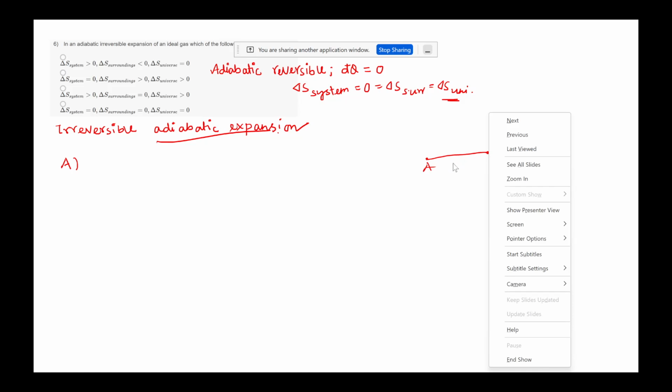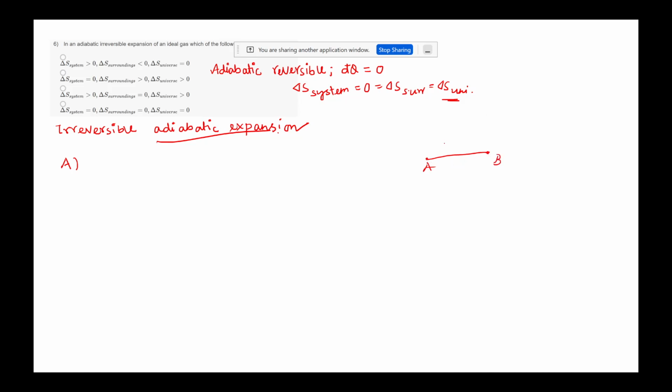And also in this process, let's say some work delta W has been done, so there will be some work delta W not equal to 0 in the infinitesimal path.